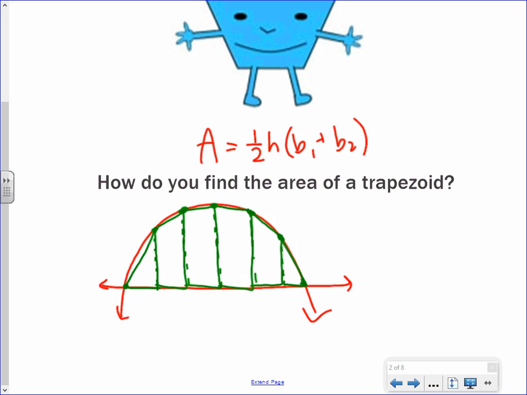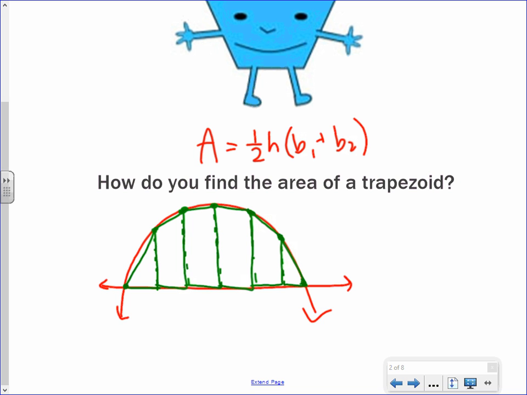Now it's going to be a little bit of an under approximation if we are concave up, a little bit of an over approximation if concave down, but it's going to fit a little bit better than a rectangle.